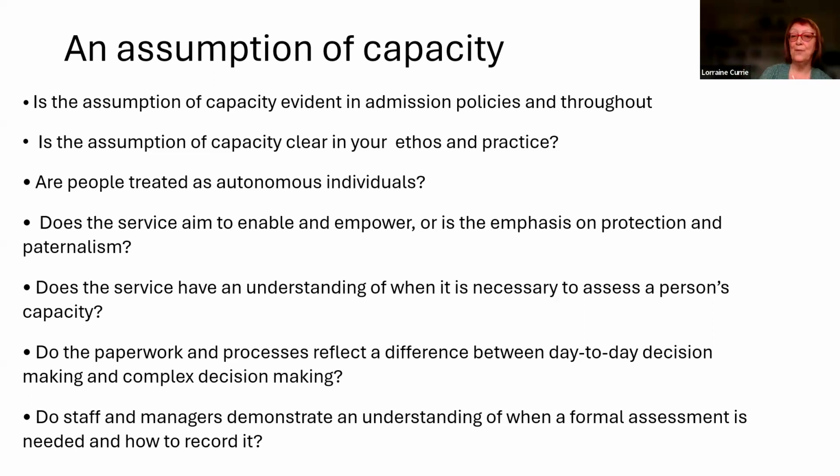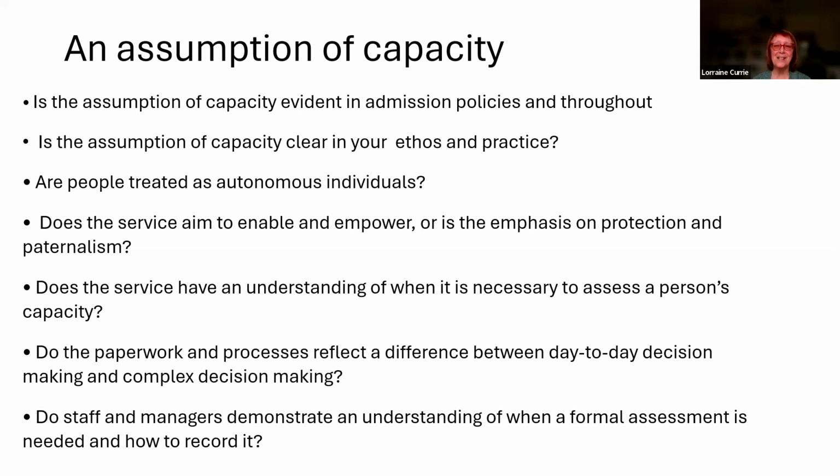So we're starting with the first guiding principle, which is an assumption of capacity. And the first thing to ask yourself is, is the assumption of capacity evident in admission policies and throughout? So is the way you operate right from the beginning of an admission, does it support and promote the assumption of capacity? I'm not going to answer any of these questions, of course, because these are things that you can perhaps print out.